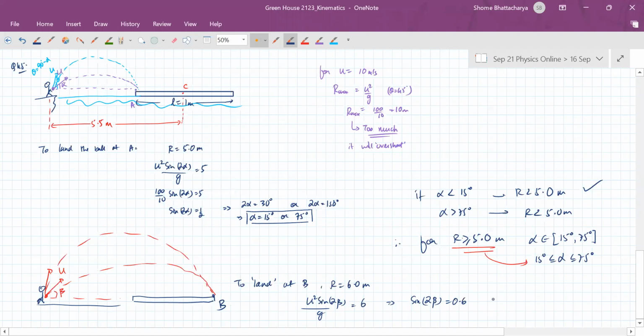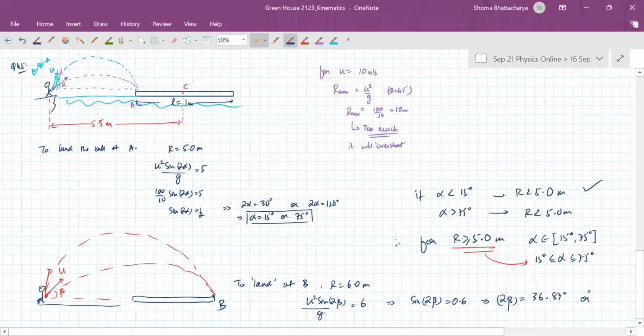Now this is where I will use a scientific calculator to calculate that 2 beta is either equal to. If I do sine inverse of 0.6 in a scientific calculator, I'll get only the solution in the first quadrant, which will come out to be about 36.87 degrees. But I know that it will also work for the complement of that.